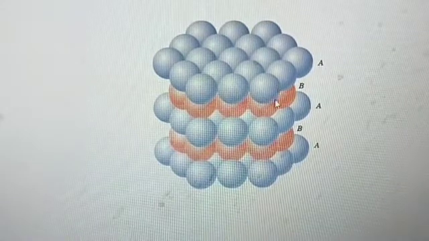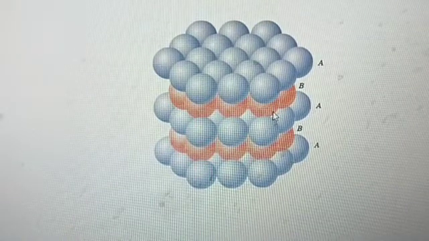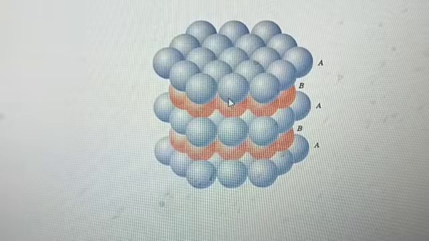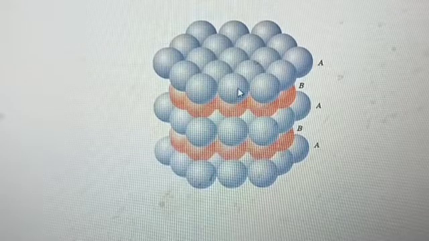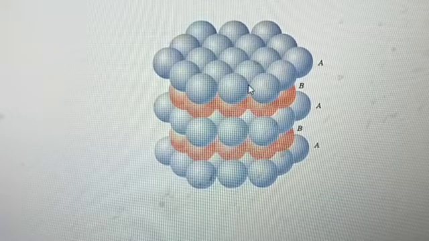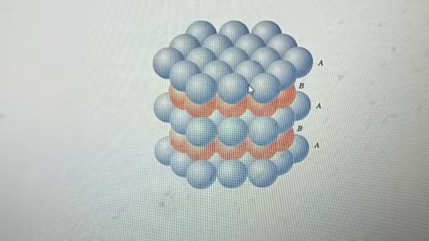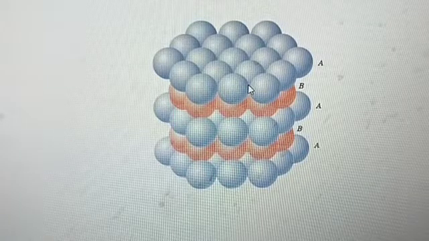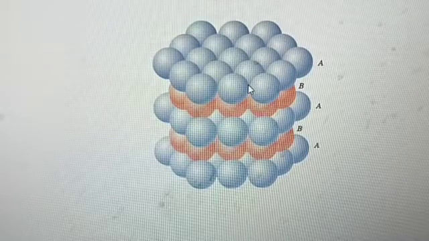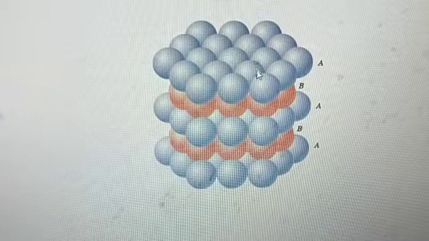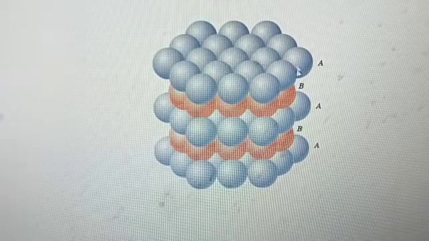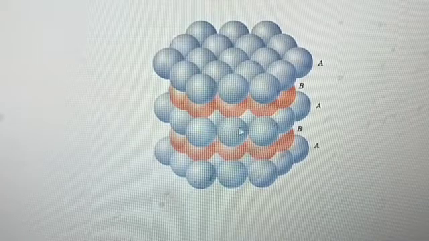The tetrahedral voids of the second layer may be covered by the spheres of the third layer. If we want to cover the tetrahedral voids, how should the spheres of the third layer align? The spheres of the third layer are exactly aligned with those of the first layer. Now see here. This is the first layer, this is the second layer, and this is again the first layer.